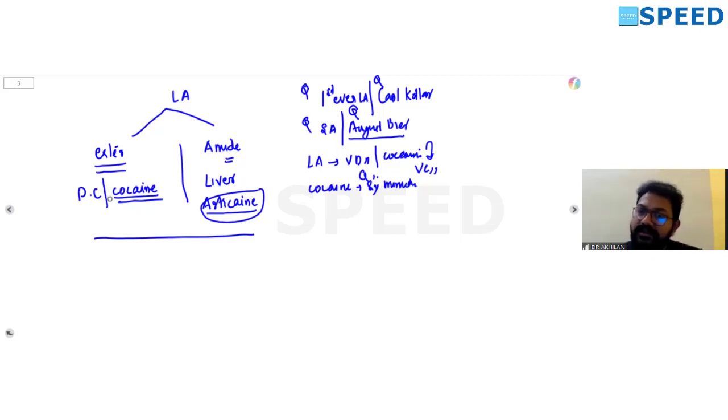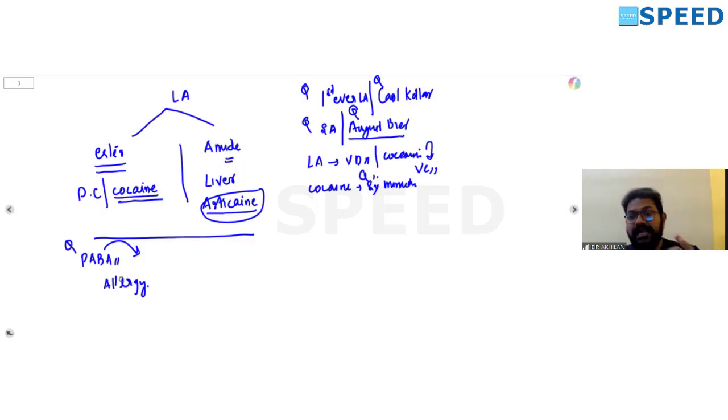Your ester local anesthetic agents undergo metabolism with the help of plasma cholinesterase enzyme, and they produce an end product called PABA, para-aminobenzoic acid. What is its clinical relevance? Because it produces a lot of para-aminobenzoic acid inside the system, this product itself can produce allergy inside your body. So PABA is responsible for allergy.